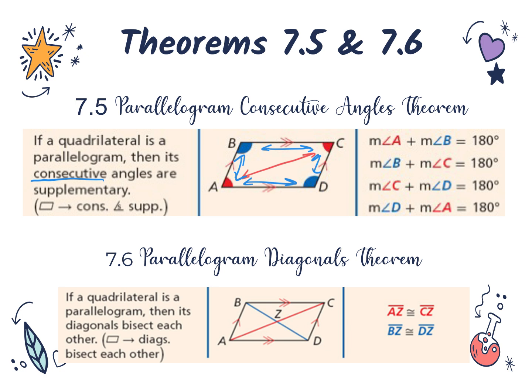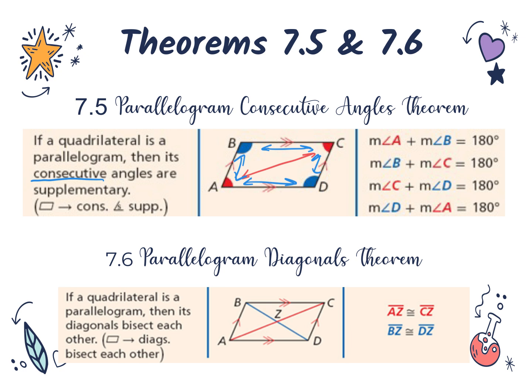Now for 7.6, the parallelogram diagonals theorem. That is, if a quadrilateral is a parallelogram, then its diagonals bisect each other. And then we have a little diagram. As you can see, because you know the definition of a bisector, either segment bisector or angle bisector, it means that it's always going to be congruent.